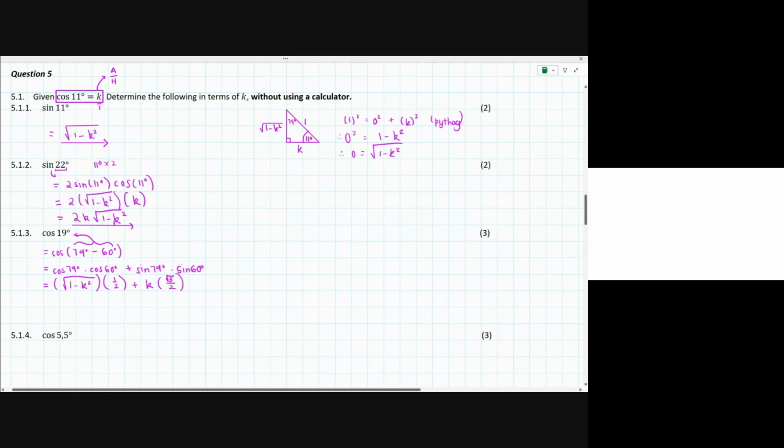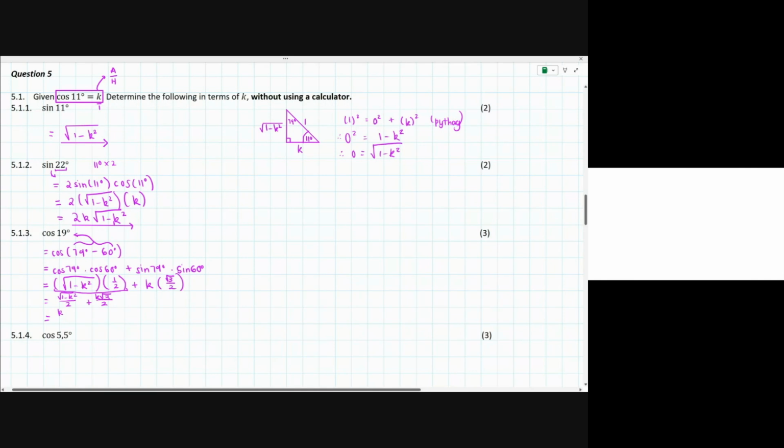And now we just simplify this beautiful mess. When we multiply this first term, we get the square root of 1 minus k squared over 2, plus k root 3 over 2. Those denominators are the same, so we have an LCD.